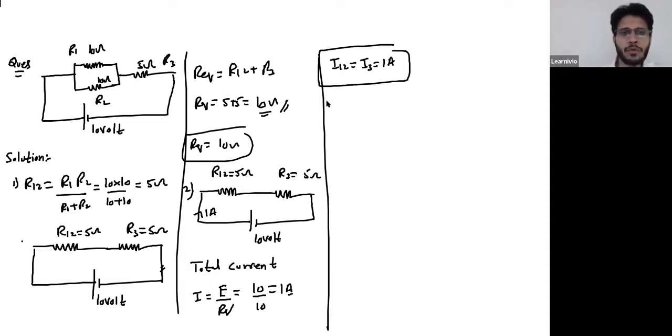Next, if you have I12, you can calculate V12. V12 is I12 into R12. So I12 is 1, R12 is 5, so your V12 is 5 volt.